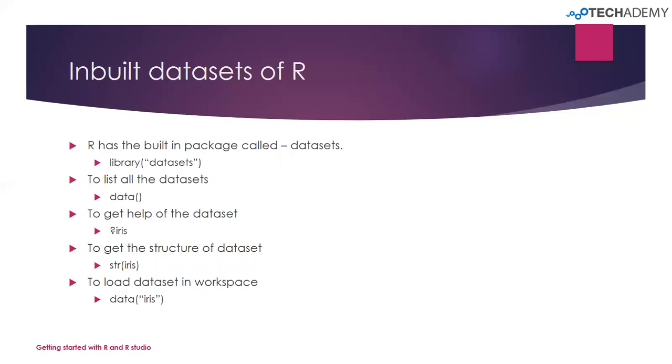If you want to get the structure of a dataset, like how many rows are there, how many columns are there, and what the different data types of the columns are, you can use the str function and specify the name of that particular dataset, and it will give you the structure of it. If you want to load any dataset in the workspace, just specify data and the name of the dataset. It will be loaded in the workspace.